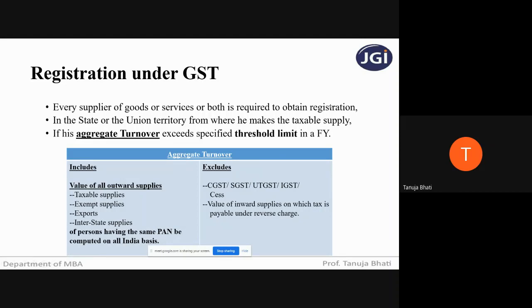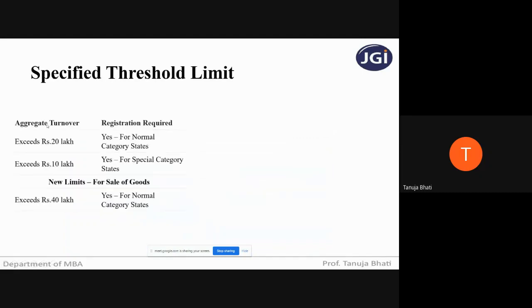So let us understand this meaning of threshold limit. So what is a specified threshold limit? Students, when the aggregate turnover, we have seen the meaning of aggregate turnover, exceeds 20 lakhs. Suppose any supplier is supplying taxable supply and his aggregate turnover is exceeding 20 lakhs, is registration required?